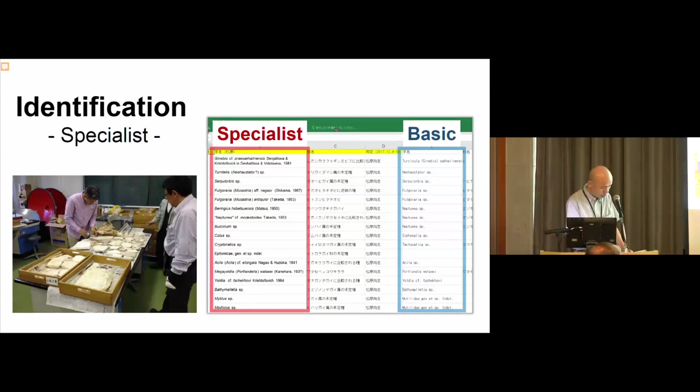Result: basic identification data were listed, and we can ask specialists for identification. Left side, left row, species names are more detailed and modified. By the way, this picture is identifying plant fossils, another curatorial support.